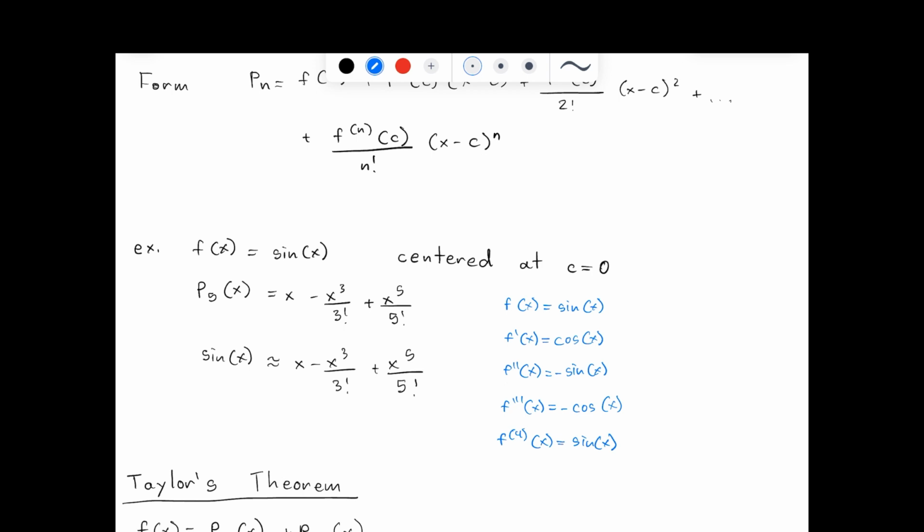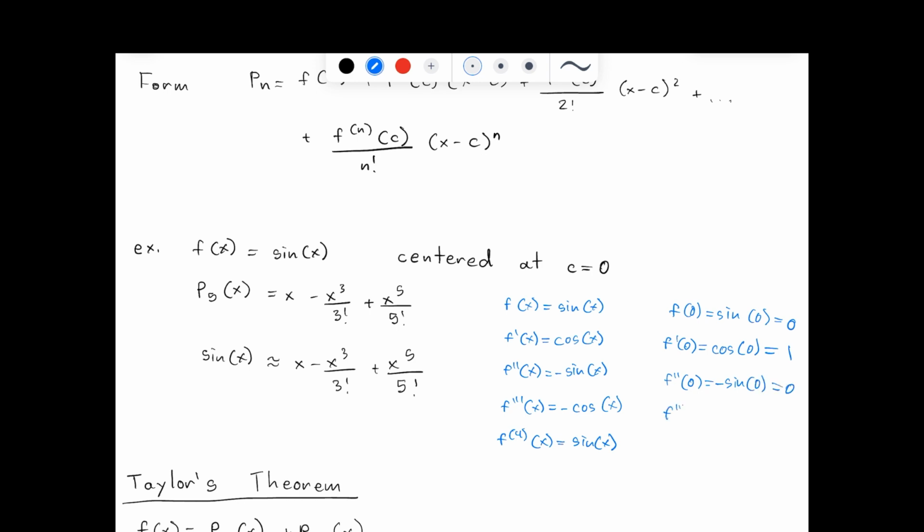And then because in this particular example we're centered at x equals 0, or c equals 0, we're going to evaluate each of those expressions at 0. So f of 0 is sine of 0, and that's 0. f prime of 0 is going to be cosine of 0, and that's going to be 1. f double prime of 0 is going to be negative sine of 0, that's again going to be 0.